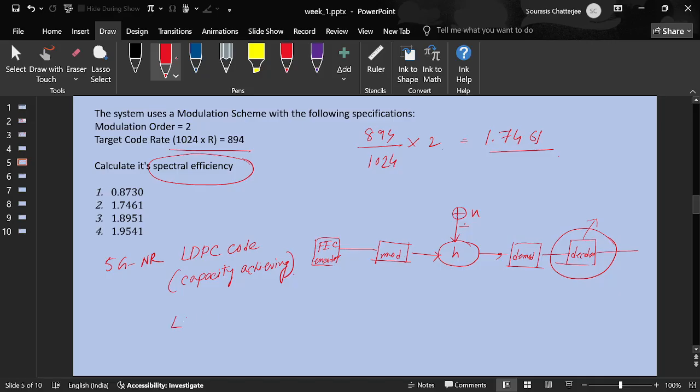Before that, let me tell you, consider this scenario. Let's say my capacity, hypothetically, for this particular channel realization is 2 bps per hertz, but let's say I decide to transmit at a rate of 2.5 bps per hertz.